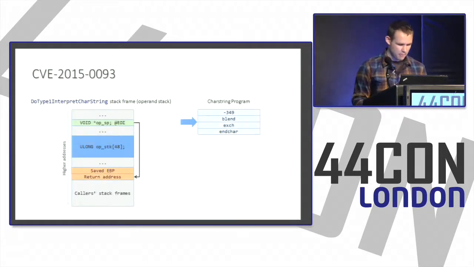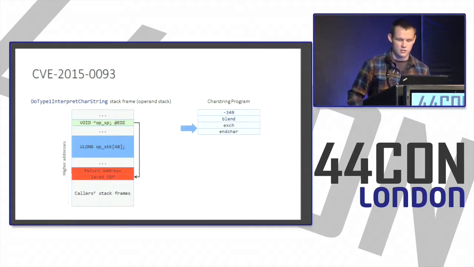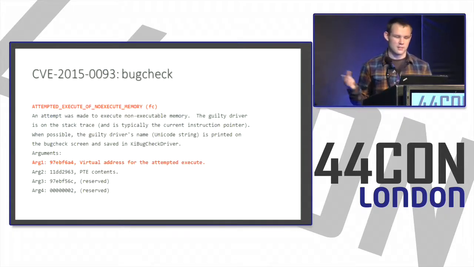Here is an example of how you could, by using the blend operator, exchange the saved EBP with the return address on the stack and then have the function return, causing an attempt to execute non-executable memory, which was the stack, the saved stack pointer.